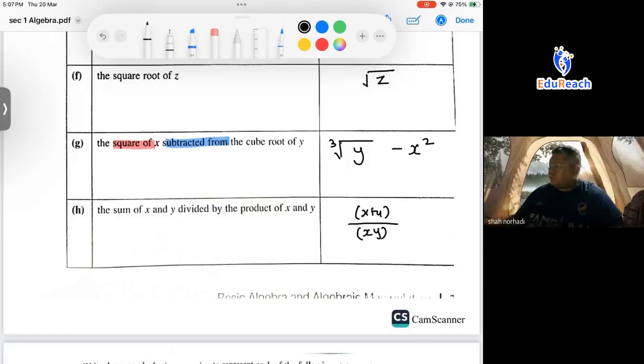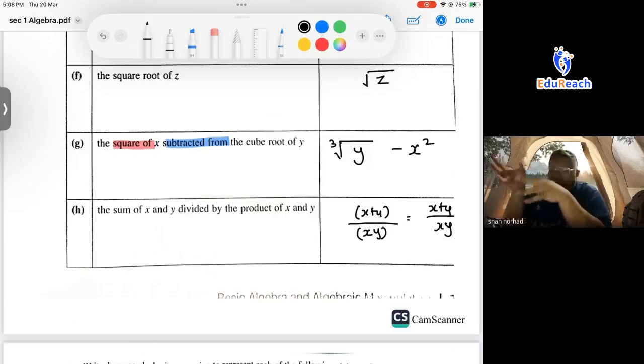So you want to do this. This one is okay, but usually in an algebraic expression, we do not put the bracket. We only put bracket when we want to group them and then do something to them. For example, I want to take x plus y, then take z minus from it. Then you bracket x plus y first.